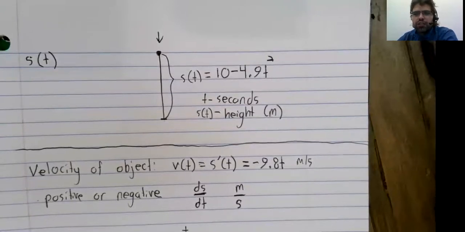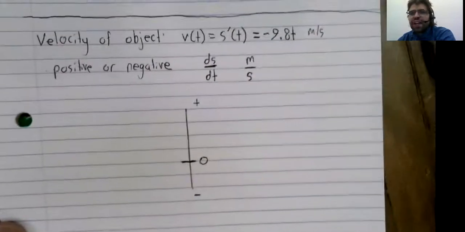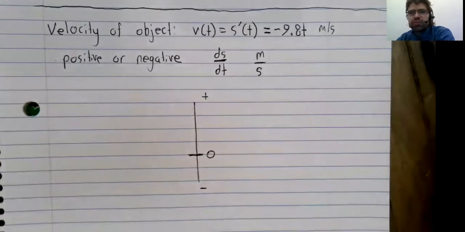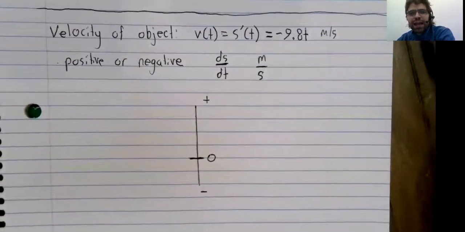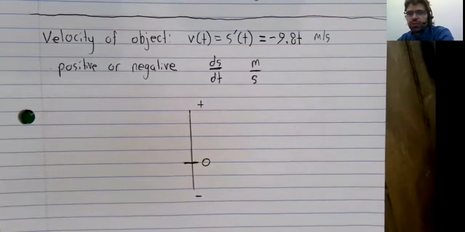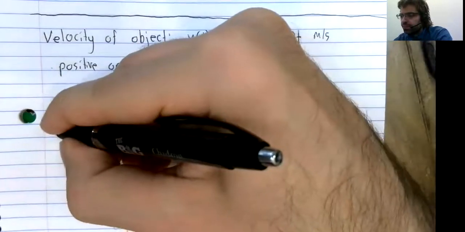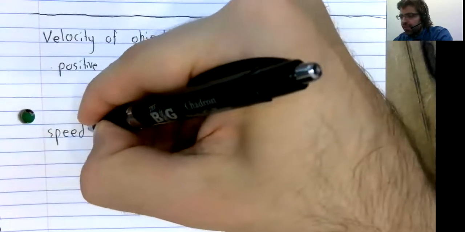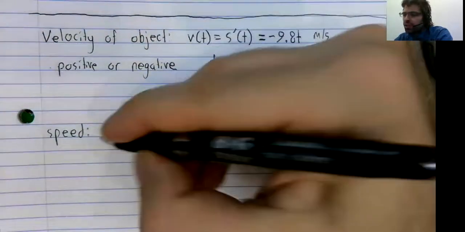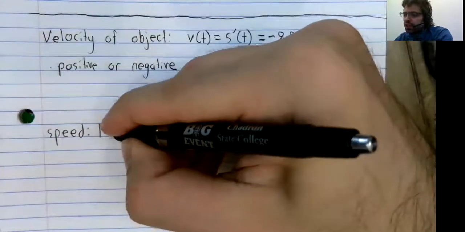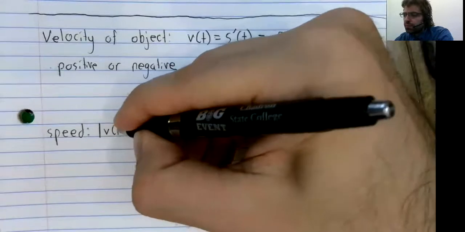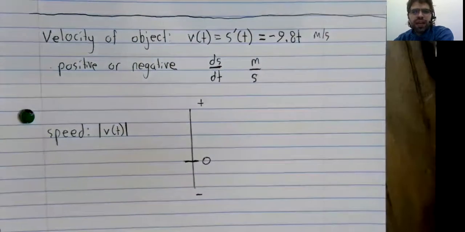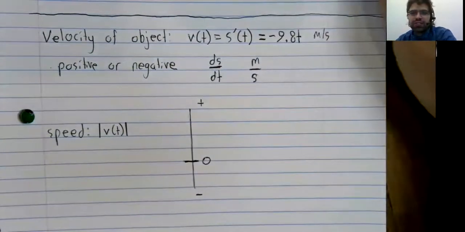What if we're not interested in direction? What if we just want to know how fast the object's moving? Well, the speed of the object is the absolute value of the velocity.